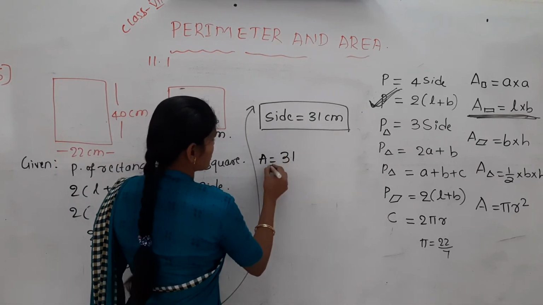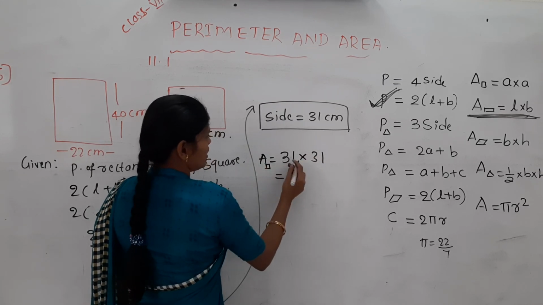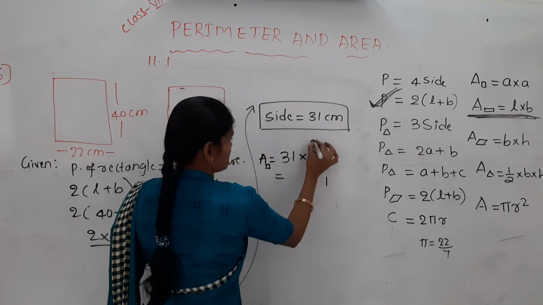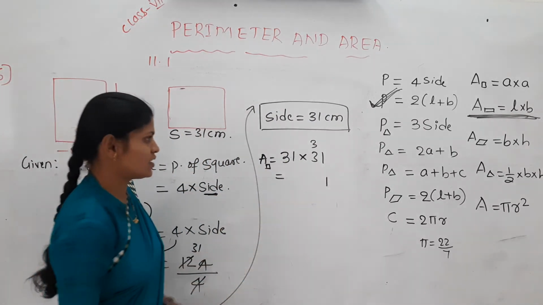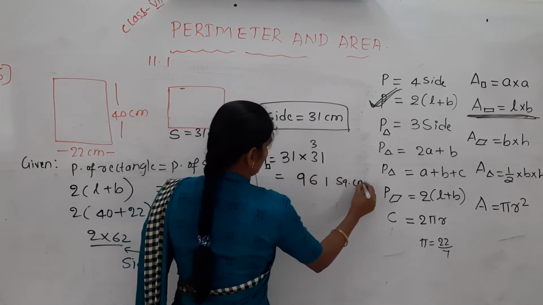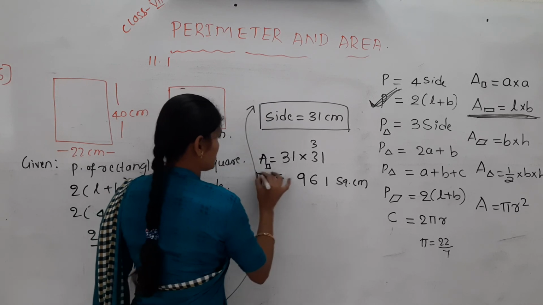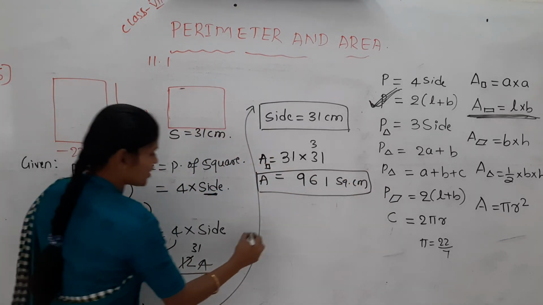Area of the square is 31 into 31. 31 ones are 31, 31 threes are 93, 93 plus 3, 96. Area of the square is 961 square centimeter.